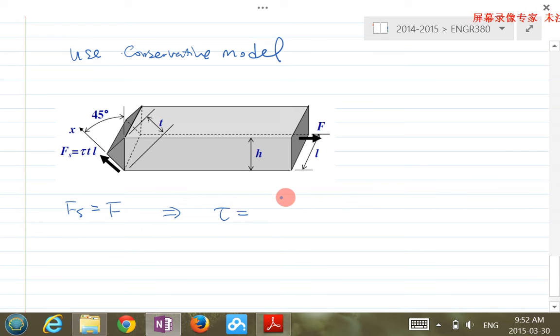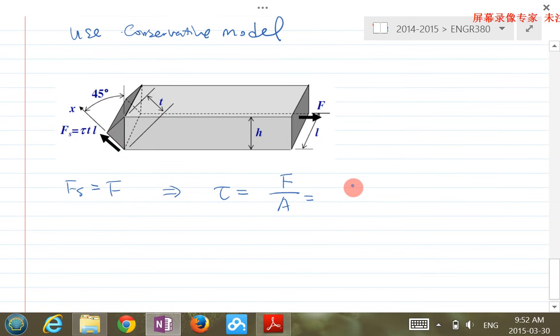Shear stress equals F over A, right? Now A is the cross section at 45 degrees. A is basically T times L. And how much is T? If you draw the triangle here, this is 45 degrees, this is H, this is T, and this is 90 degrees.